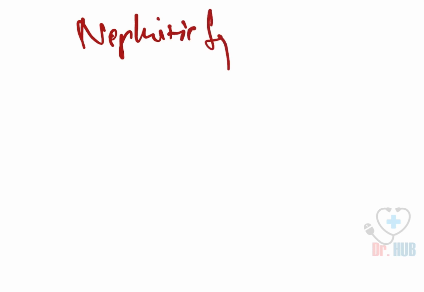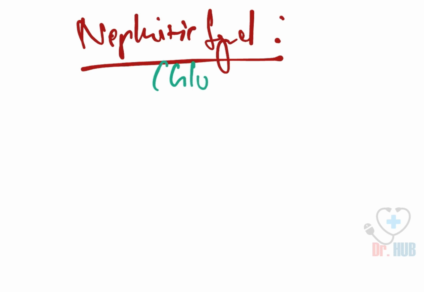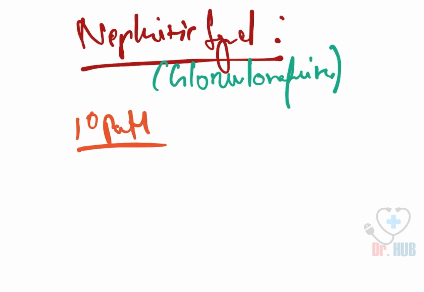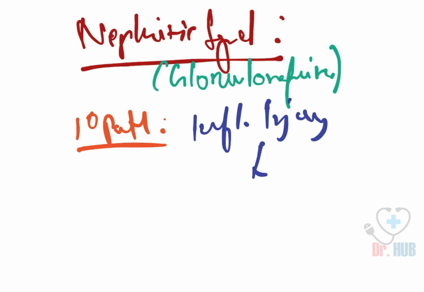Now we jump on to the contrary, that is the nephritic syndrome. In case of the nephritic syndrome, this is glomerulonephritis. Here the primary pathology is significant inflammatory injury of the glomerulus.